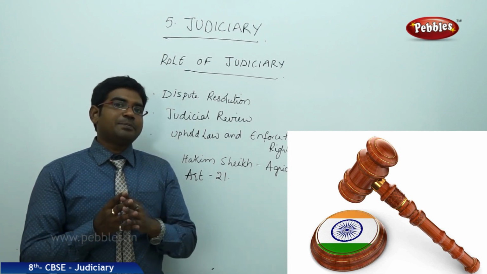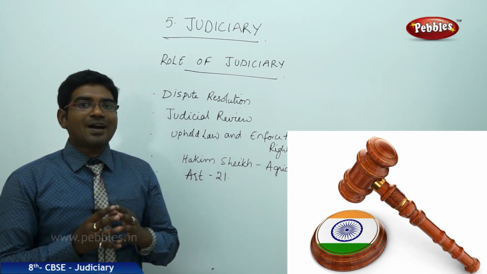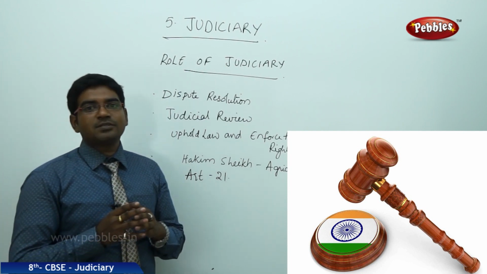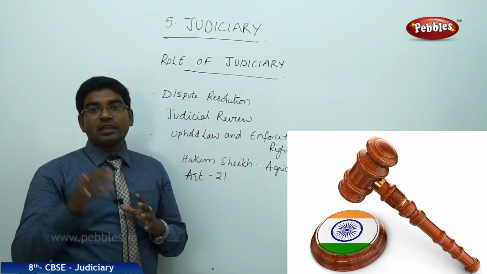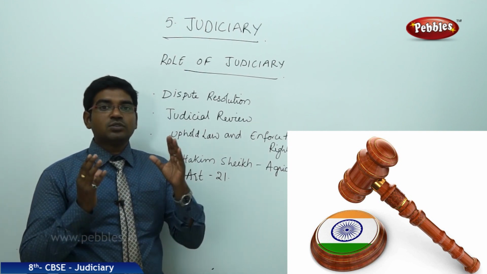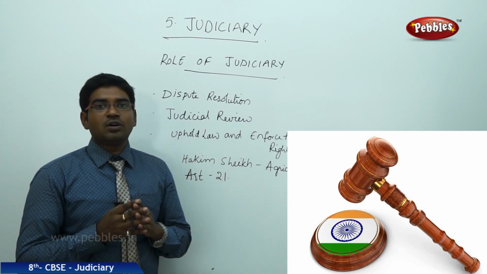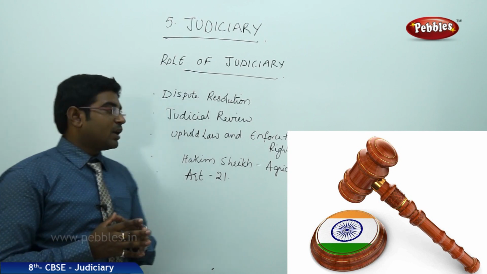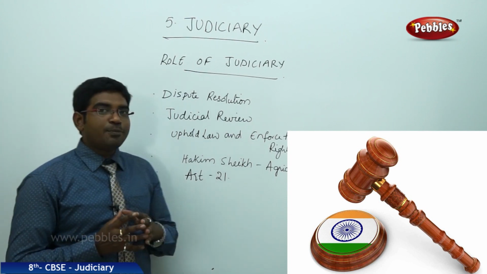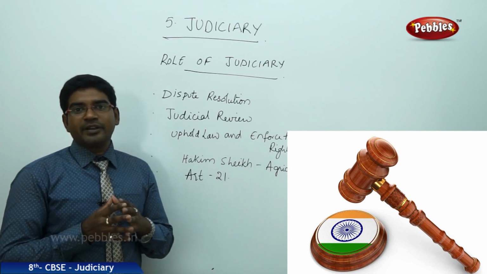This authority to strike off the laws which are passed by the state governments or the union governments is known as judicial review. So this is another significant power and duty given to our Supreme Court. And the third one, uphold the laws and enforce the fundamental rights.